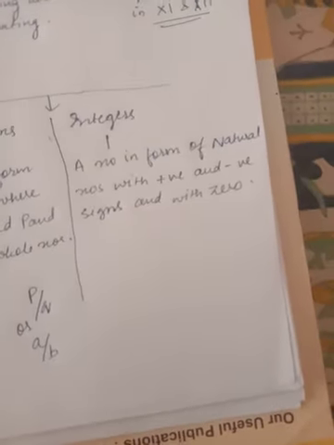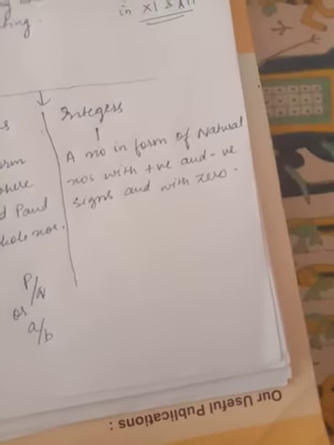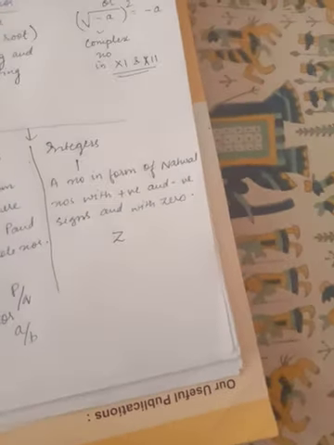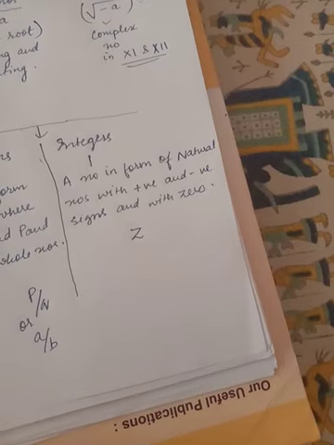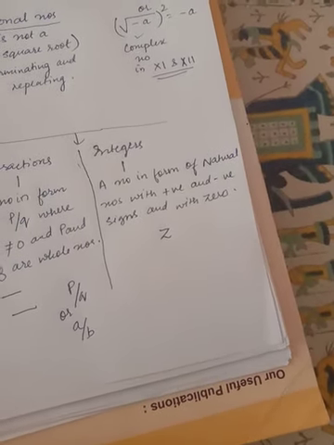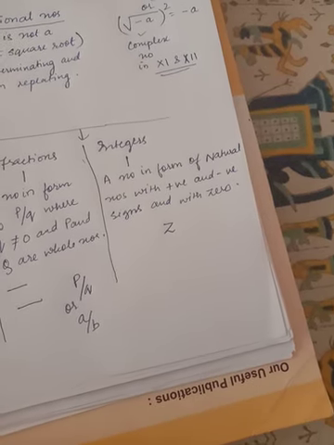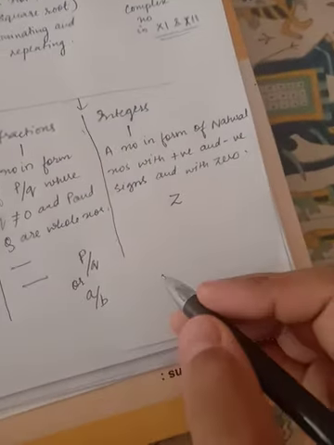It is denoted by Z. Also, when we teach the measures of central tendency, the mode is also denoted by Z.